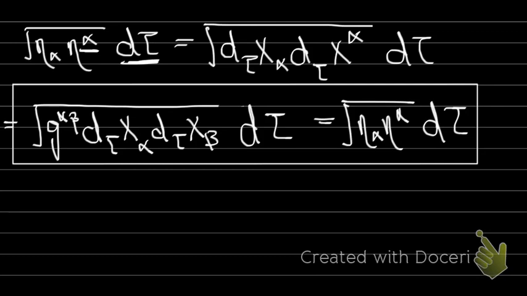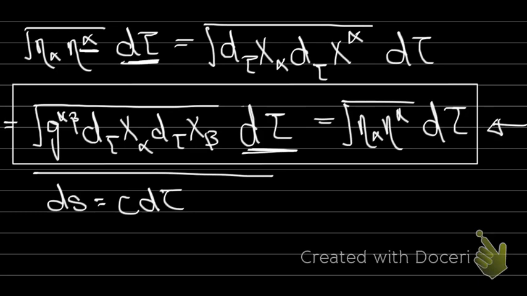Note that we have ds defined as equal to c d tau. With this substitution, I can replace it in this equation, so let's go ahead and do that. What would the left-hand side of this equation become?